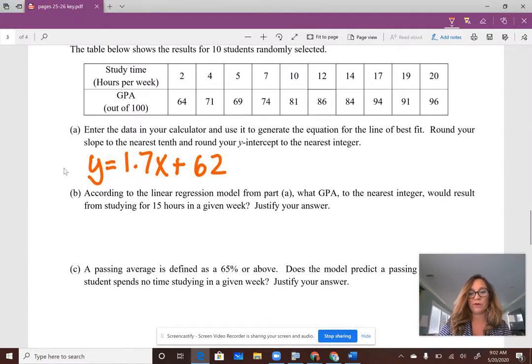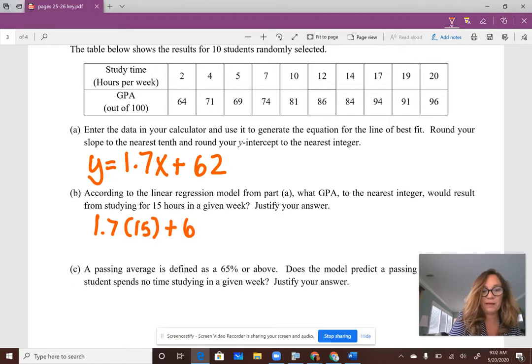According to the linear regression model in Part A, what GPA to the nearest integer would result in studying for 15 hours? So 15 hours is the x value or the input. So I would do 1.7 times 15 plus 62. And you can absolutely do that on your calculator.